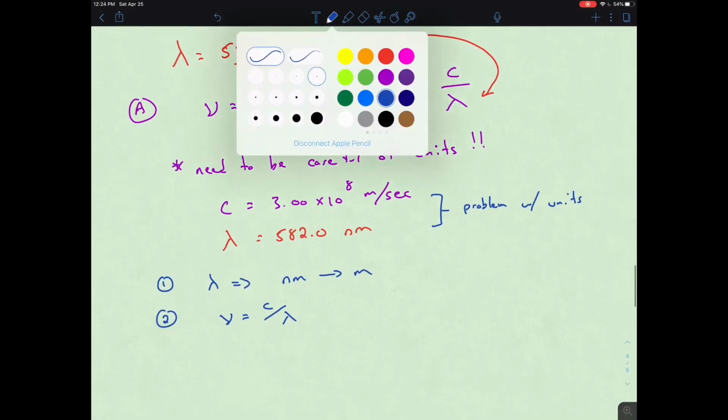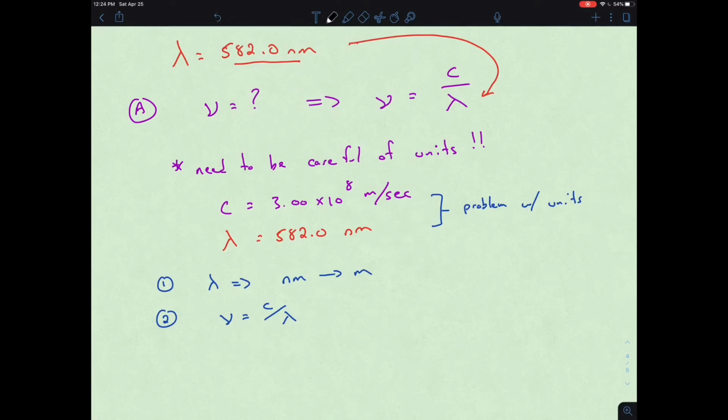So let's start with step 1. If we have 582 nanometers, we need to convert that. We know that there's a relationship between the two, that for every 1 times 10 to the negative 9th meters, that's 1 nanometer.